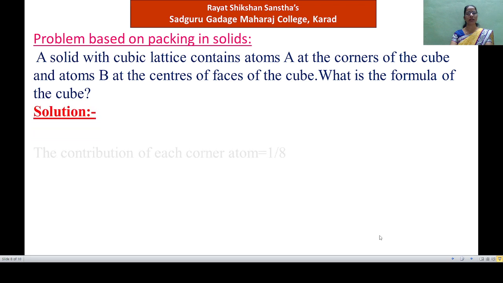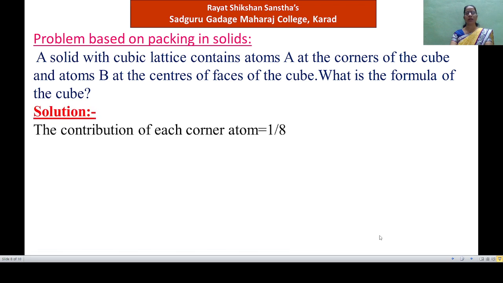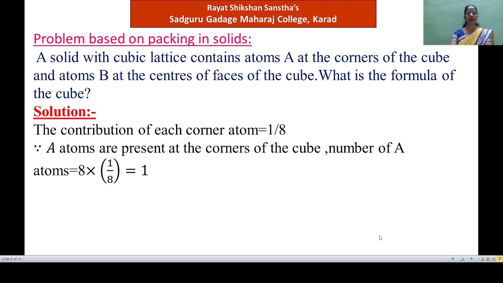Means all the atoms of A are the corner atoms, and we know that the contribution of each corner atom to that unit cell is only 1 upon 8, and therefore the number of A atoms present at the corner of the cube will be 8 into 1 upon 8, that is equal to 1. This is the actual number of A atoms present in that cube.